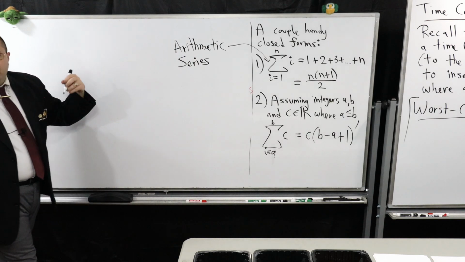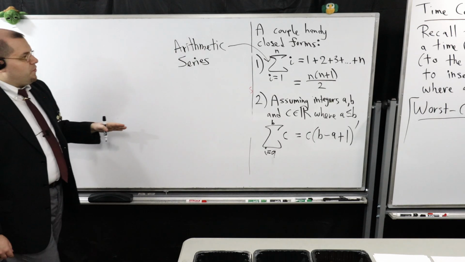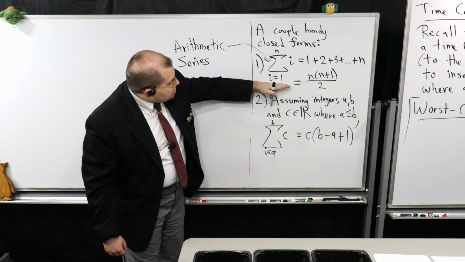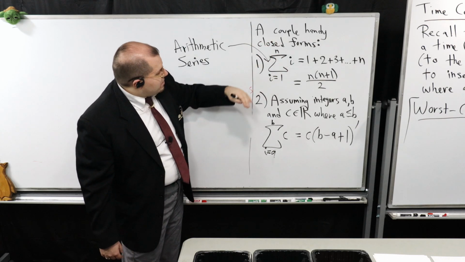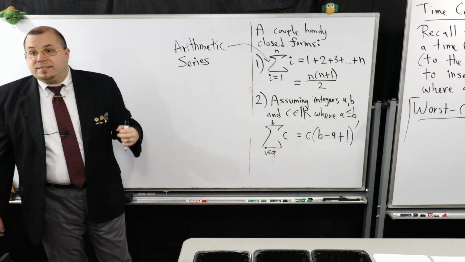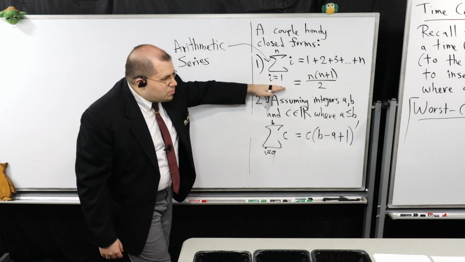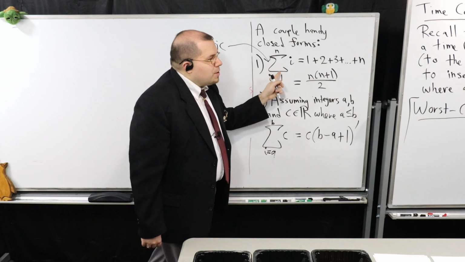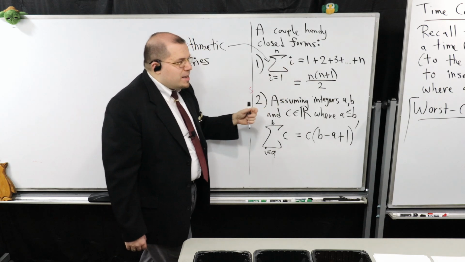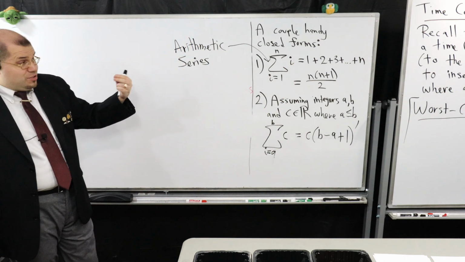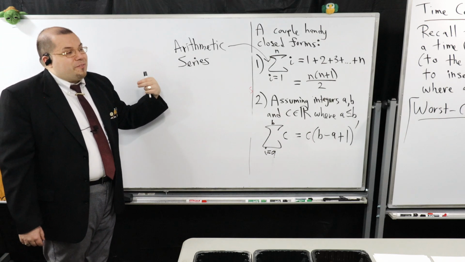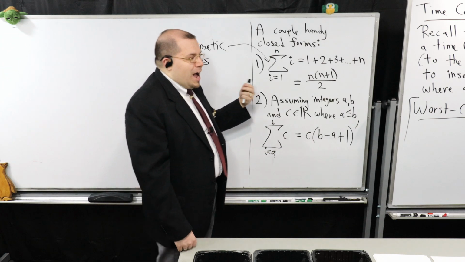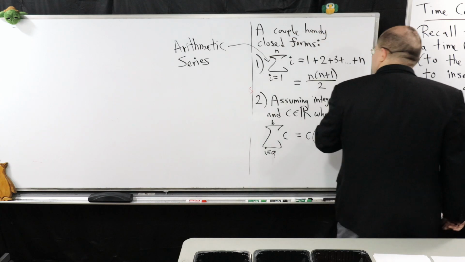So if you've never seen summation notation before, there's a lower limit and an upper limit. The way you would read this is, it's the sum from i equals 0 up to n of i. You can think of it quite similarly to a for loop, with a variable i that increments by 1 every single time.